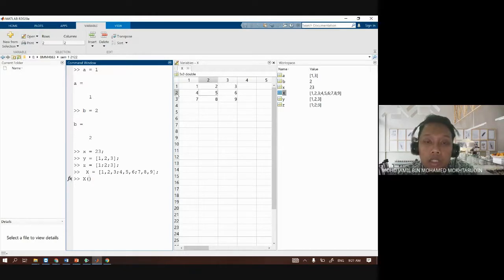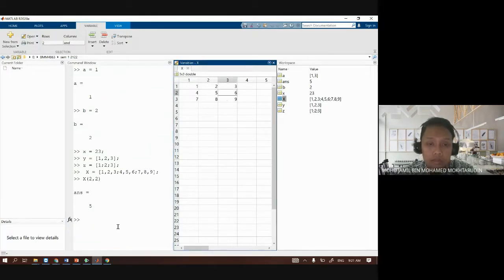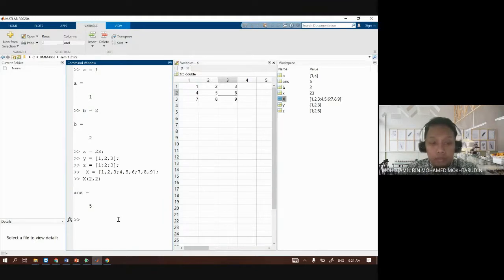The location is at row number 2, column number 2. So you write x, bracket, row number 2, column number 2, separated by a comma, and press enter. It gives you the answer 5. For example, if you want the number 6, write the same thing: row number 2, column number 3.